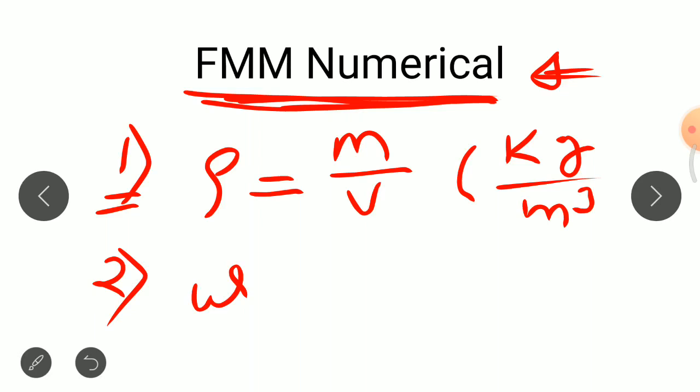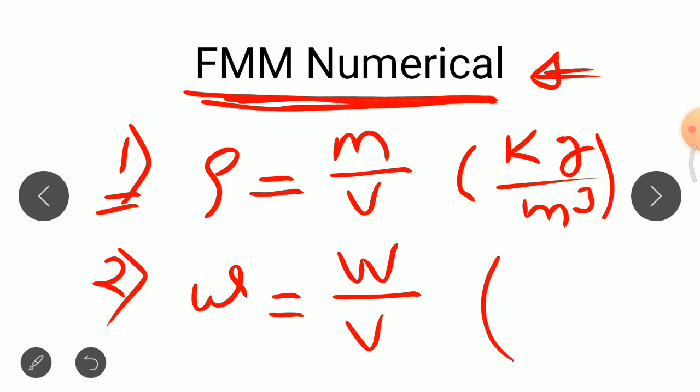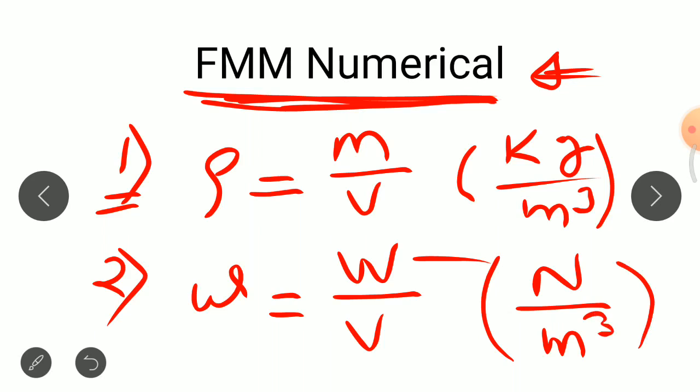It is denoted by small w is equal to weight density, that is for capital W, that is weight divided by volume, and we know that unit of weight is Newton divided by volume, that is meter cube. So the weight density unit is Newton per meter cube.